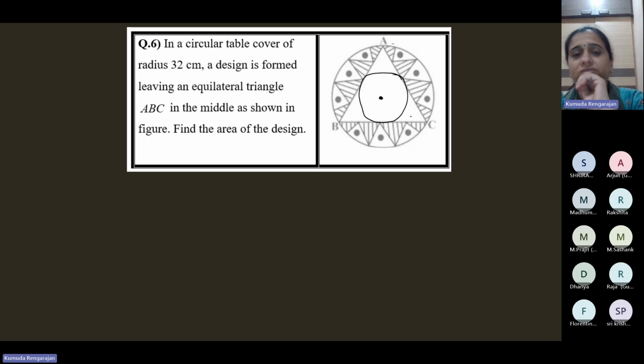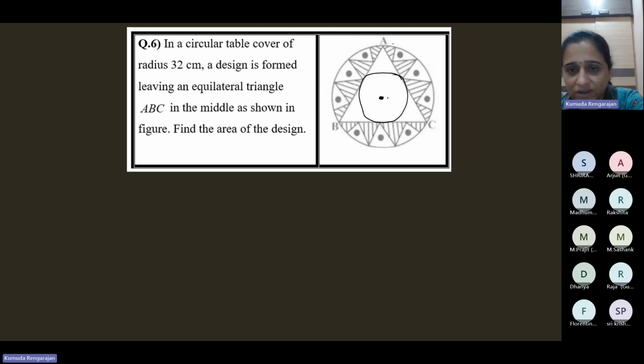Now the property is, for an equilateral triangle, the incenter and the circumcenter will coincide. So for the equilateral triangle ABC, this one is the incenter, that is, the center of the incircle. Here there is no incircle drawn, but there is one incircle for this triangle.